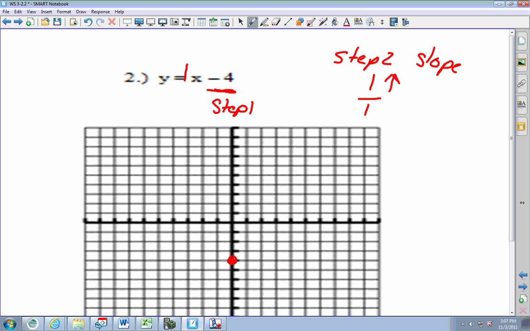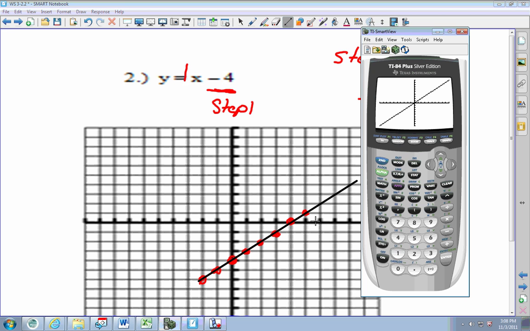That tells me to go up 1 to the right 1. So I'll start here and go up 1 to the right 1 and put a dot. Keep going. Now I can go down 1 to the left 1. I can connect my dots and draw my line.